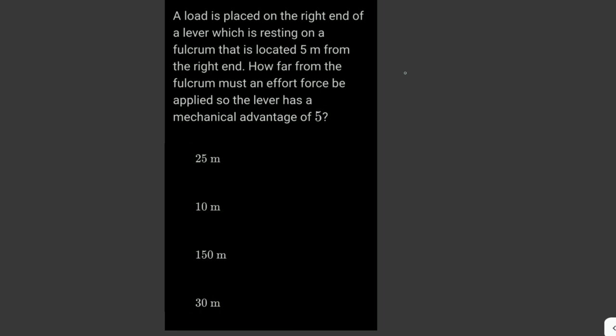The mechanical advantage on a lever can be defined as mechanical advantage equals df over dl. So dl here is the distance of the load from the fulcrum, while df is the distance of the force.